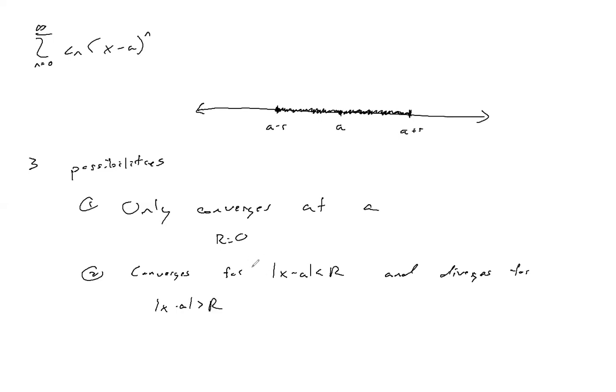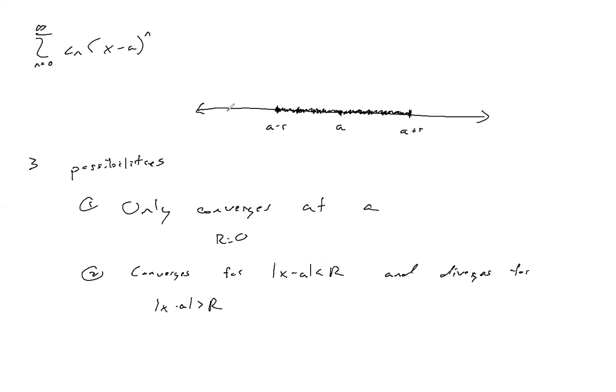So what have we said here? If the distance between x and a, so if I pick an x in here, is less than the radius of convergence, meaning my x is less than R away from a, so |x minus a| is less than R, my series is going to converge.